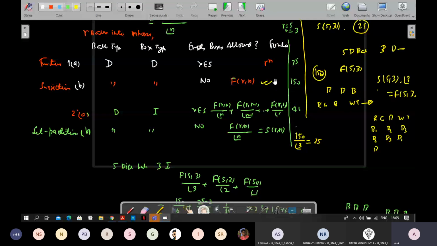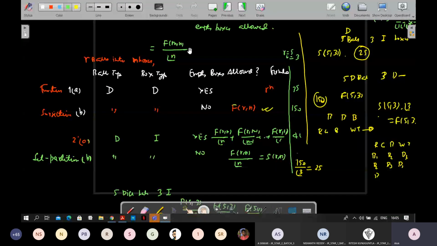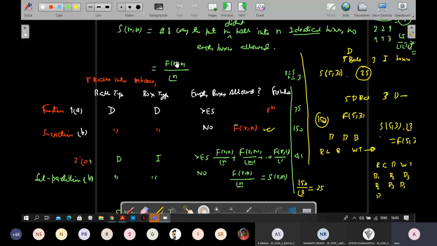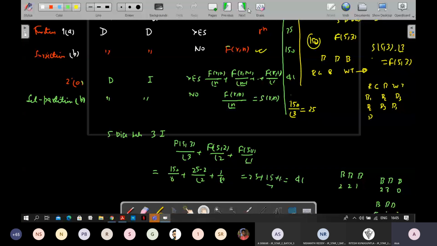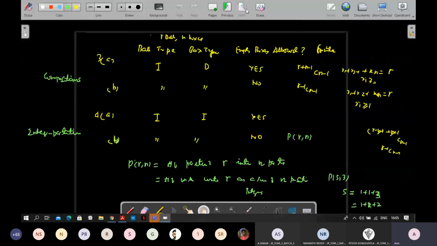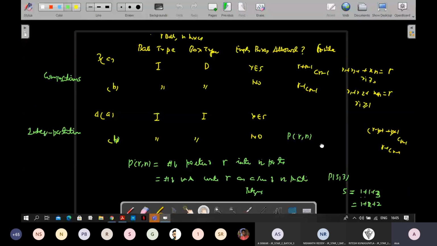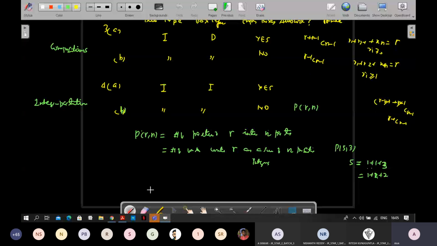So a formula was there at least. But now there is no formula for partition. There is some recurrence relation that we will use later to calculate. So just now use it as a symbol that I am denoting this number of ways by PRN, the number of partitions of R into n parts.